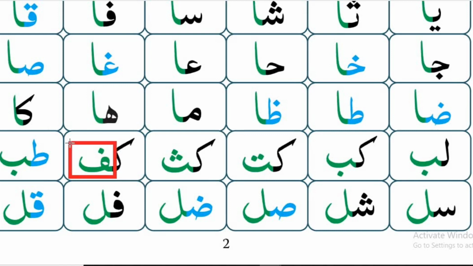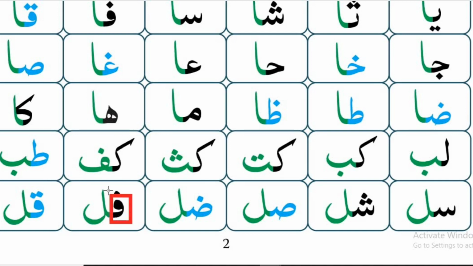So that is the full shape of lam, and that is the full shape of fa, and that is the half shape of fa. So sometimes you see this like a circle, there's an empty space, but here it is filled, there is no empty space. It doesn't look like a circle.